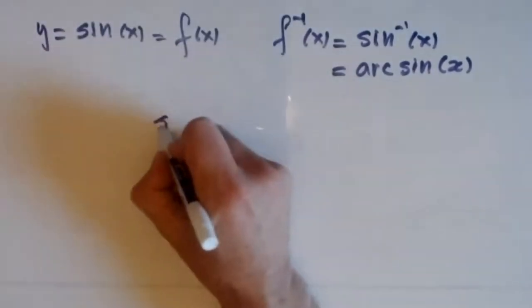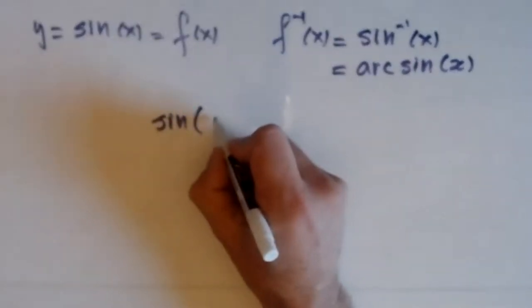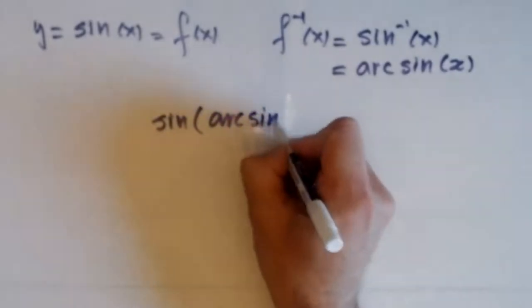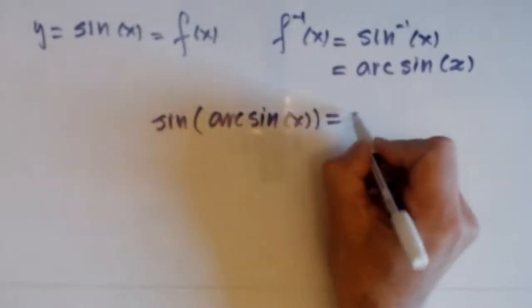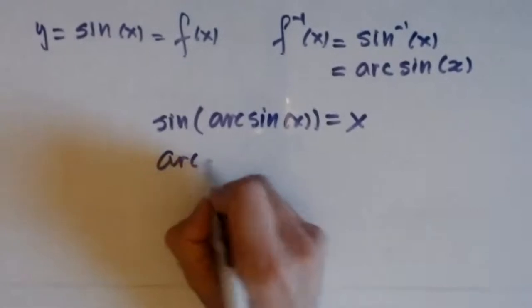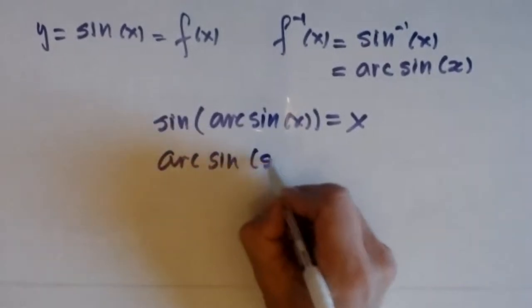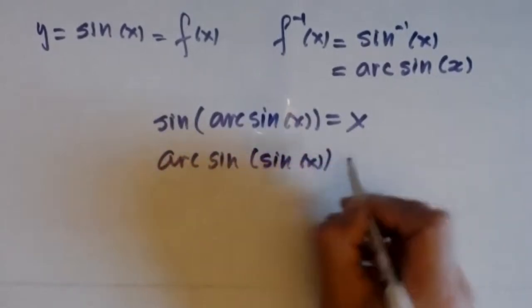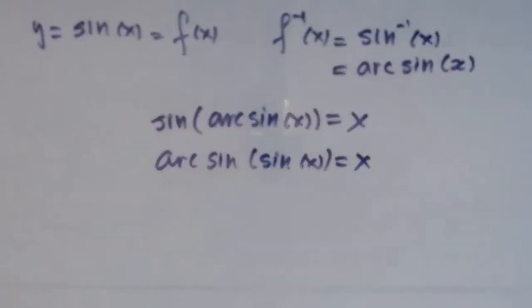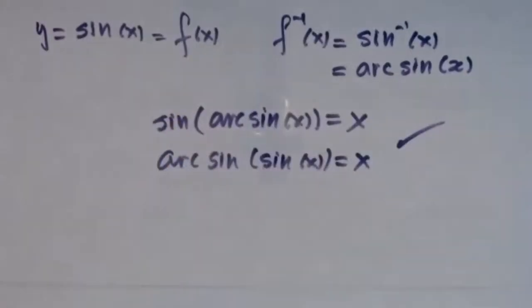And the important part is this. Sine of arc sine of x is going to be x, and the arc sine of the sine of x is going to be x. So this is the definition of the inverses. So possibly it's very complex the first time, but it's not that difficult.